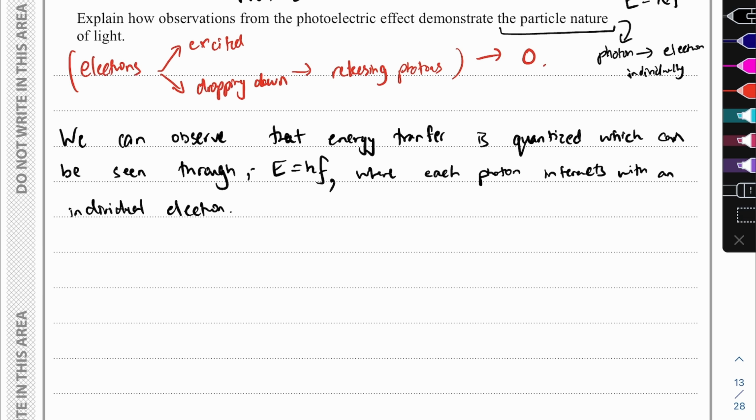Secondly, we're going to talk about the threshold frequency and when electrons are being released. So we can say, secondly, electrons are emitted. Electrons are emitted anyway, but we need to talk about how fast they're emitted.